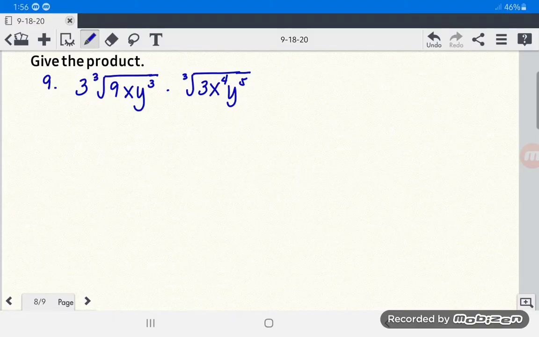Okay. So multiply 3 times 1. So that is equal to 3.